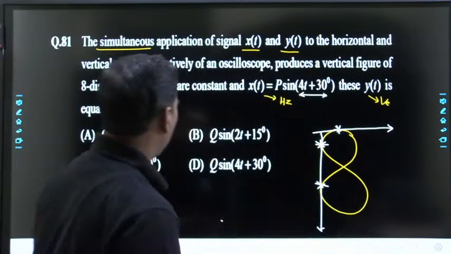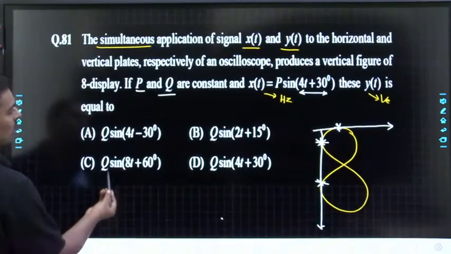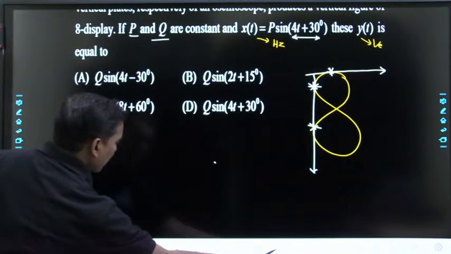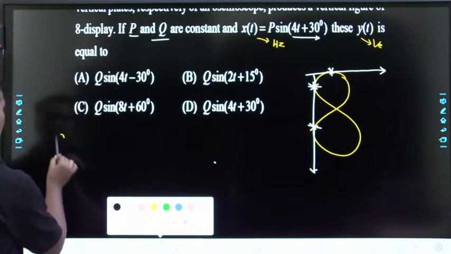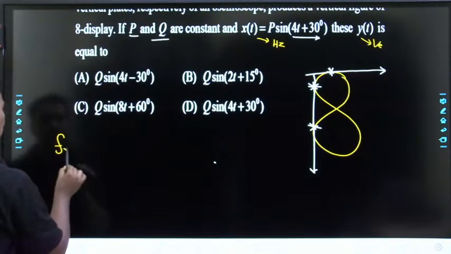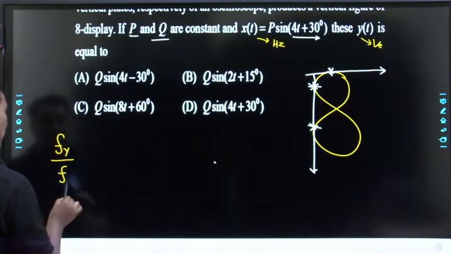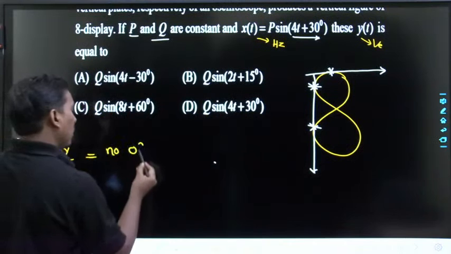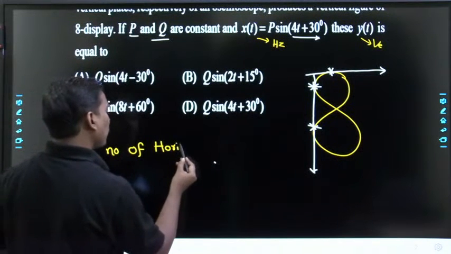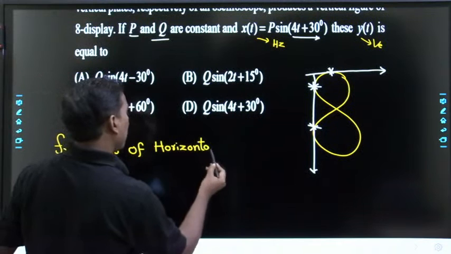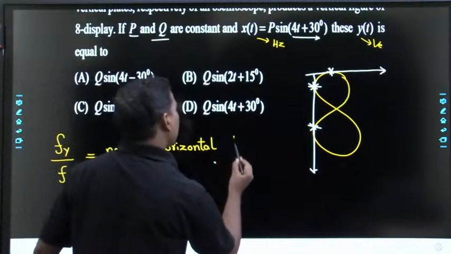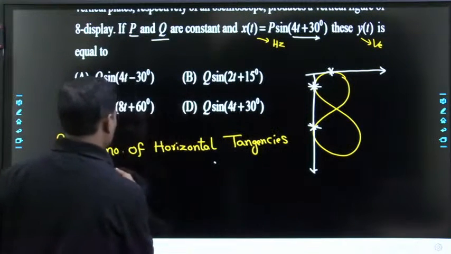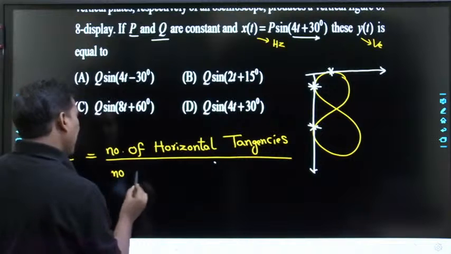Option B, you say. Very good. Let us see here. We know the basic expression. Yesterday we discussed that the frequency of the signal applied to the vertical plates over the frequency of the signal applied to the horizontal plates is given by the number of horizontal tangencies divided by the number of vertical tangencies.